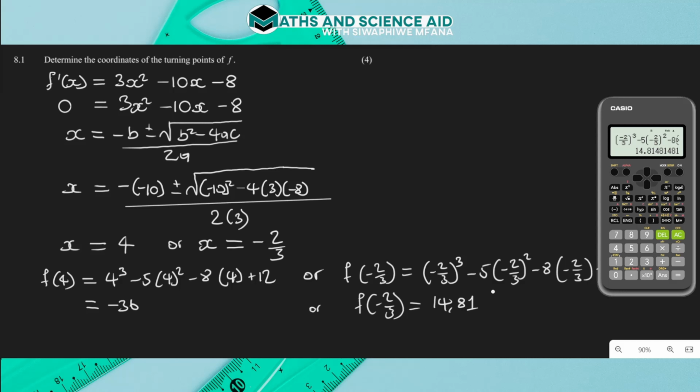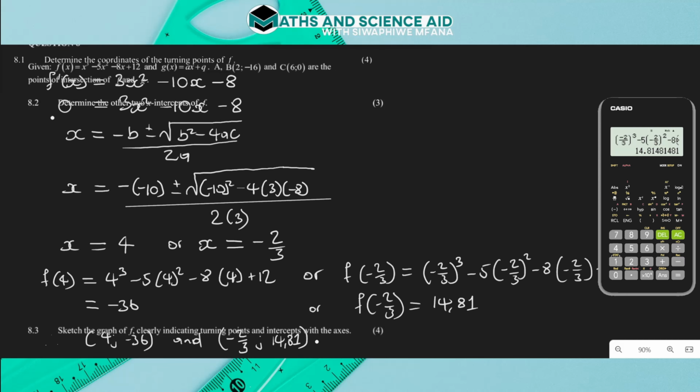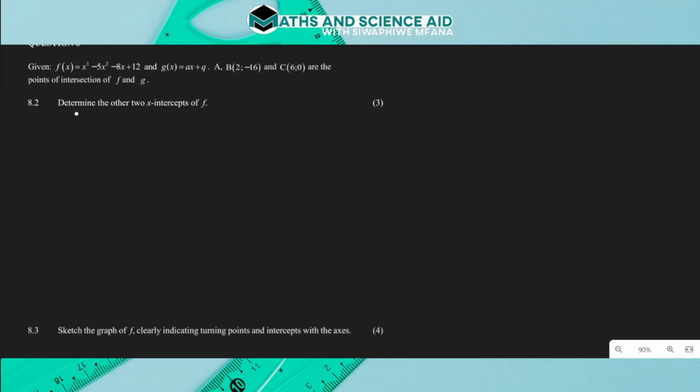Therefore, we can conclude that the coordinates of the turning points here are going to be (4, -36), and also (-2/3, 14.81).